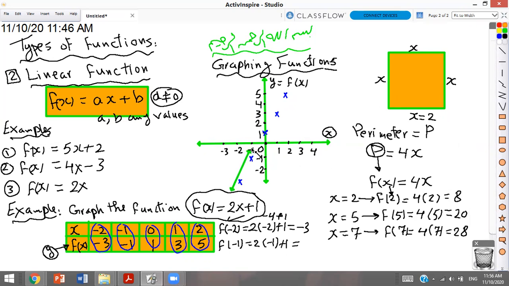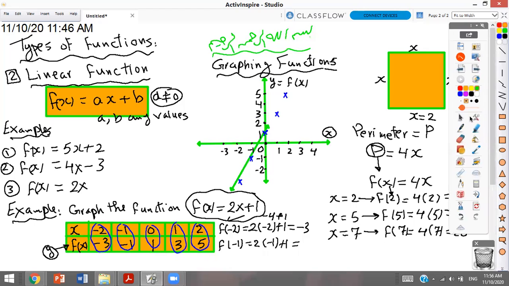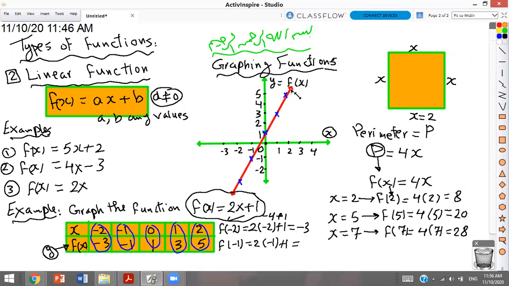It will be like this. Oh, I need to change the color. I choose red. Okay, like this.